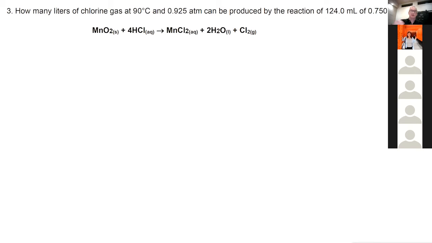So this one's a little tricky because you look at it and you see 4 chlorines on this side and you see 2 chlorines on that side and you go, oh, there's something wrong. That's a really common mistake: people forget that there are 2 chlorines, or chloride ions, with the manganese there. So there actually are 4 chlorine atoms on both sides. So that actually is balanced.